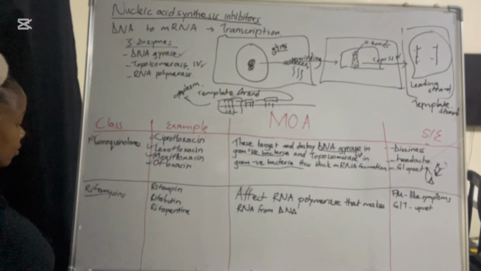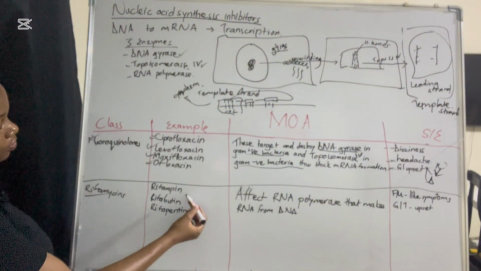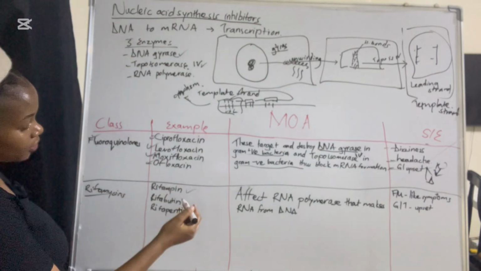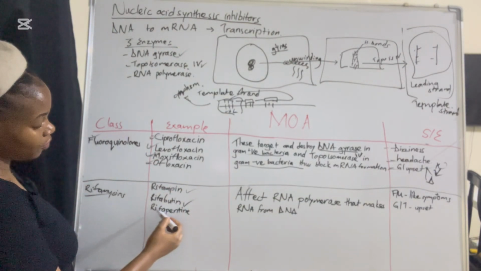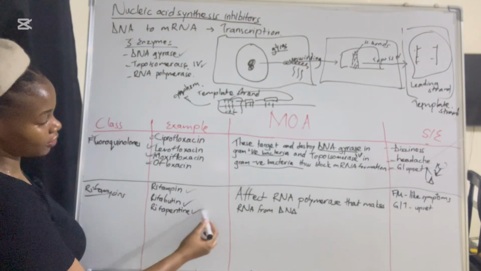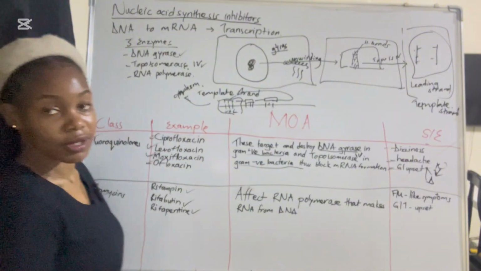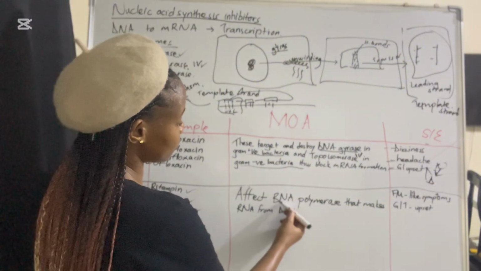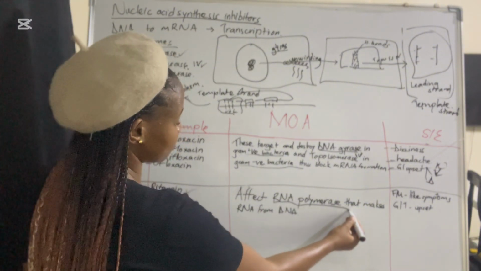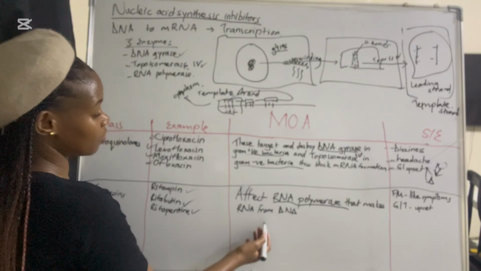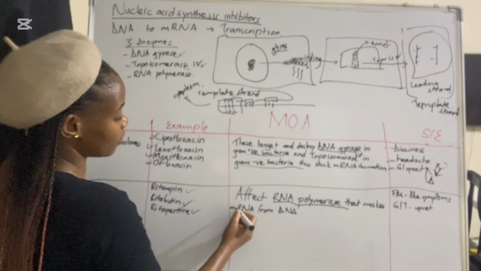Then rifamycins. Rifamycins, the example we have is rifampicin. What is their mechanism of action? They are going to inhibit RNA polymerase, that makes RNA from messenger RNA.